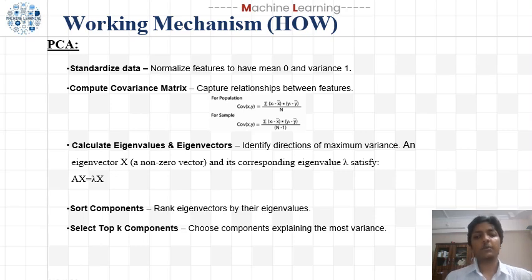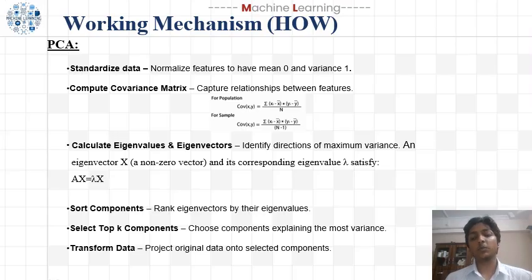The more the variance between data points, the easier it is for interpretation and visualization. After selecting the top k components which have the most variance, we transform the data, that is, project the original high dimensional data onto the selected components. So this is principal component analysis.